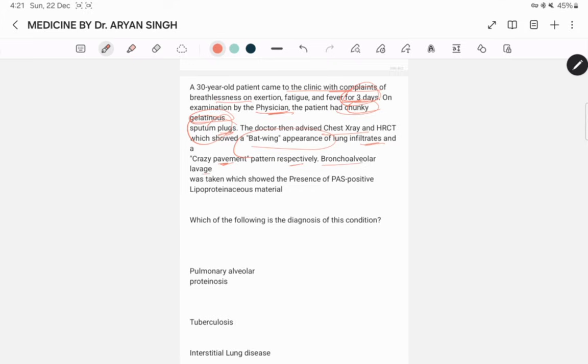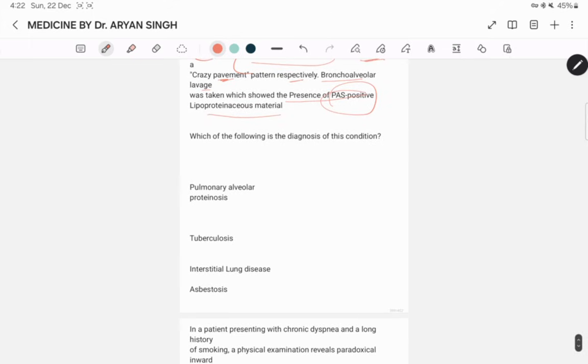Bronchoalveolar lavage was taken which showed the presence of PAS positive lipoproteinous material. Which of the following is the diagnosis of the condition?